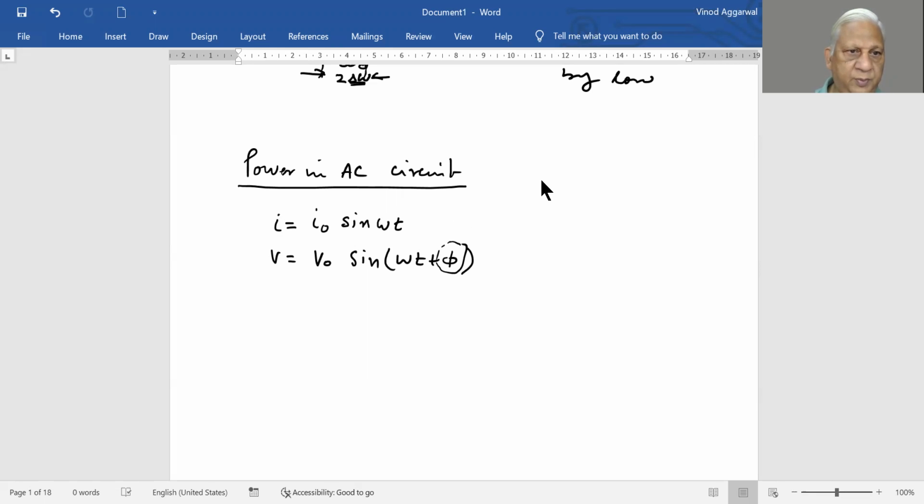Then what is our power? Instant power is equal to V into I, which will be V naught I naught sin omega t into sin omega t plus phi.